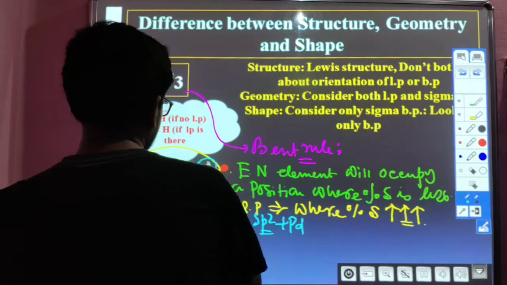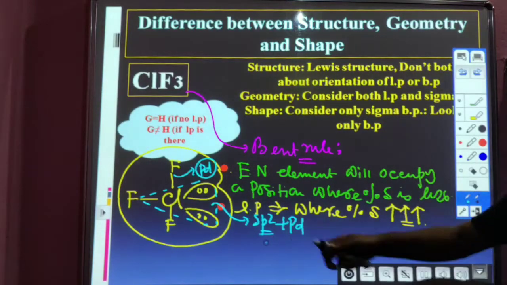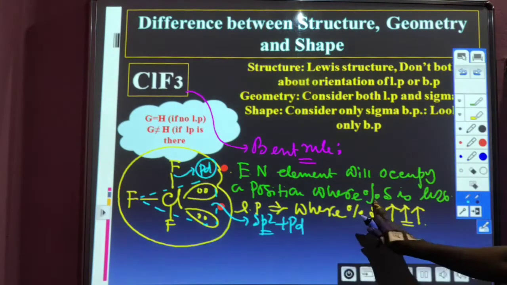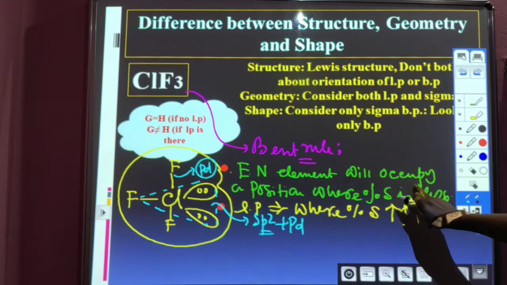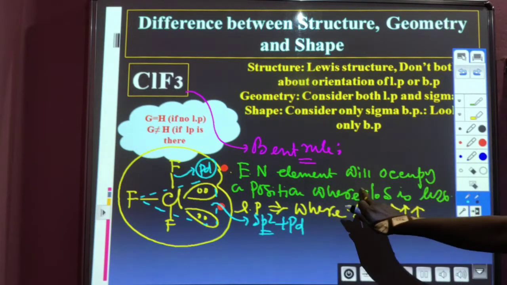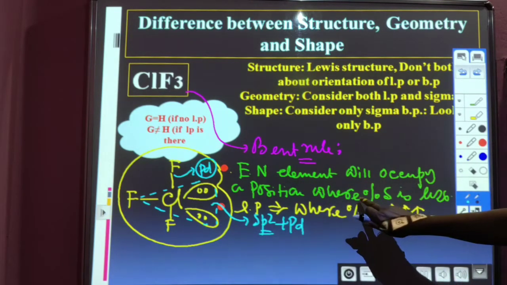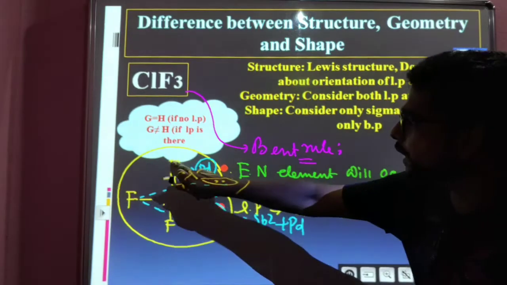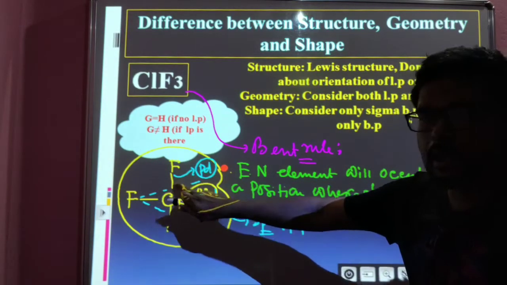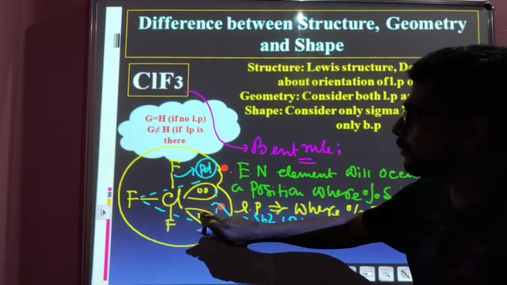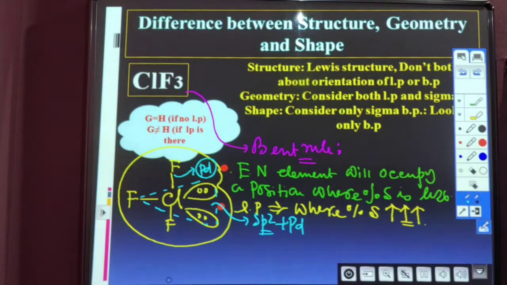So the percentage of s character here is almost 0. So the electronegative element will be placed where the percentage of s character is less. So the electronegative element will be in axial positions and the lone pair will be in equatorial positions.